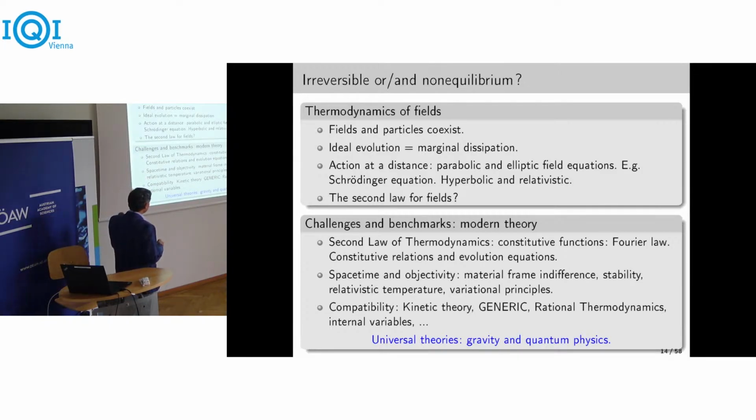As a benchmark of the modern theory, we expect kinetic theory compatibility, and there are many different branches and representations, but I don't want to go into the details. What I wanted to say is that if we expect a universal theory, then in principle it can say something about gravity and quantum mechanics, as those are the universal theories in physics.